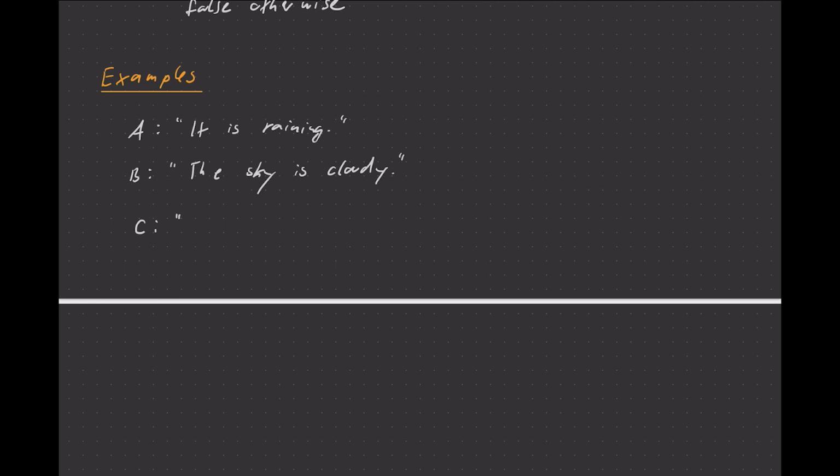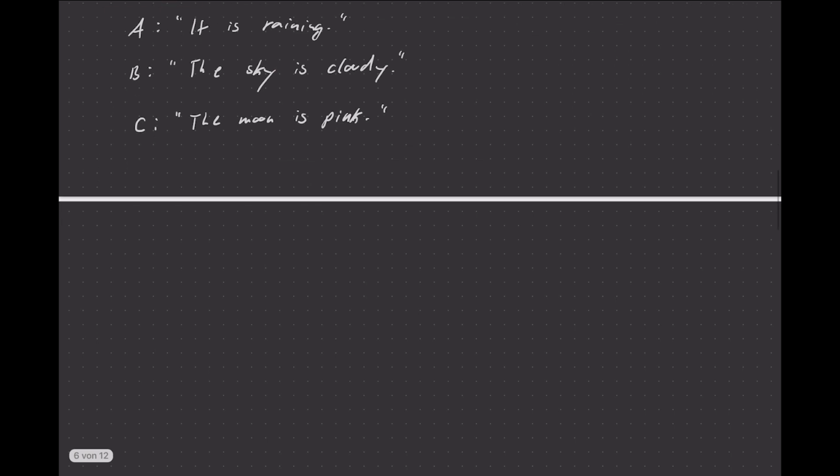Let's say something like the moon is pink. That is surely not true. Okay, then what implications hold here? Let's look at a few selected implications.